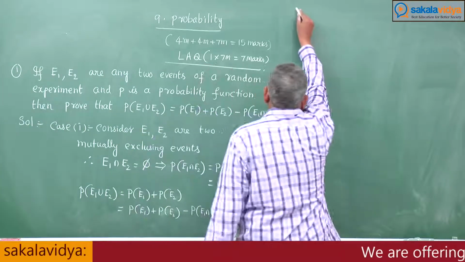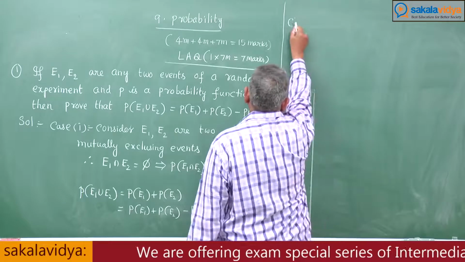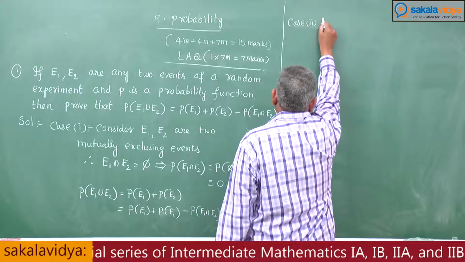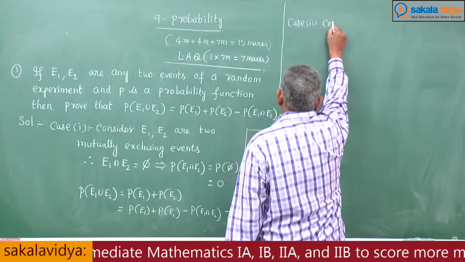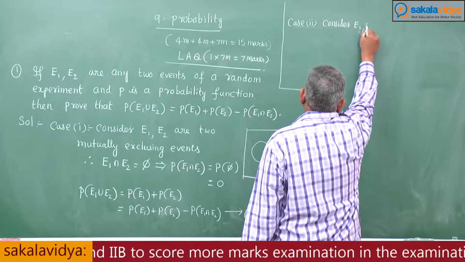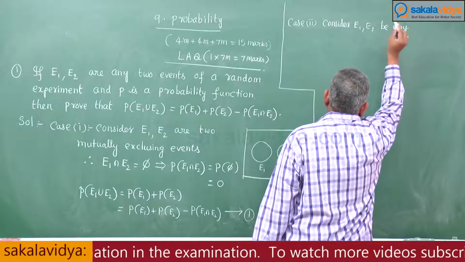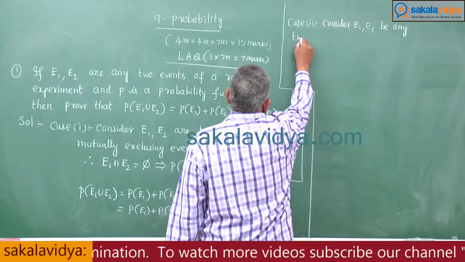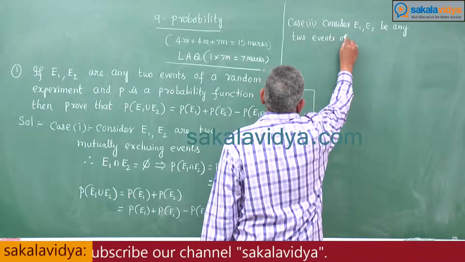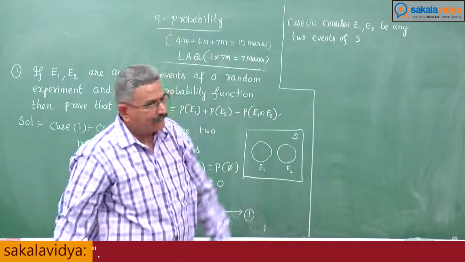So, let us go to the very important case now. This is case 2. Consider E1, E2 to be any two events, not mutually exclusive, any two events of the sample space for a random experiment.